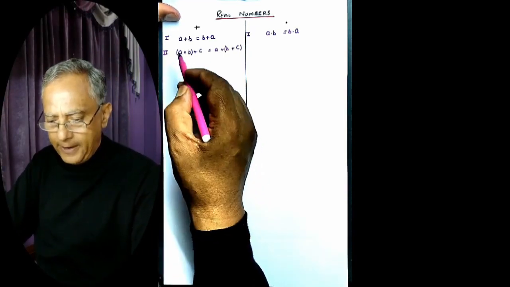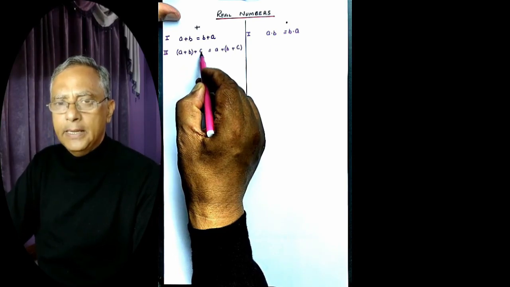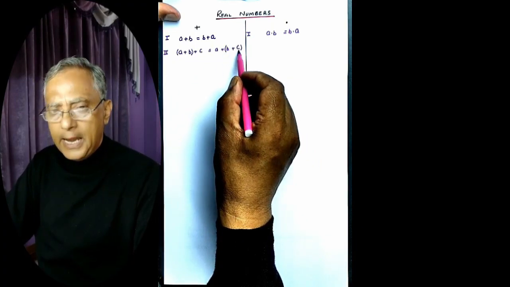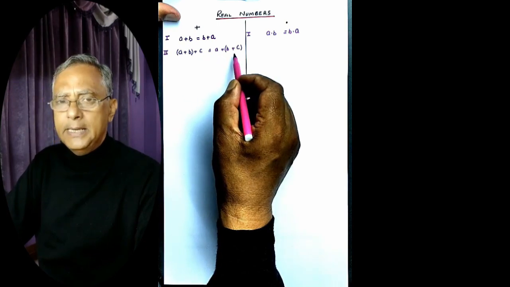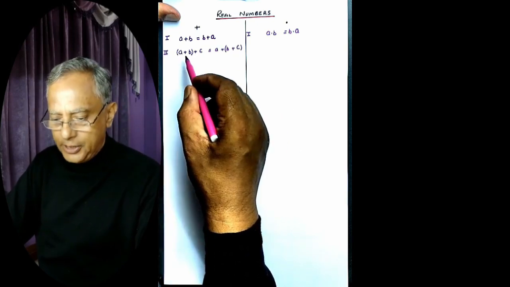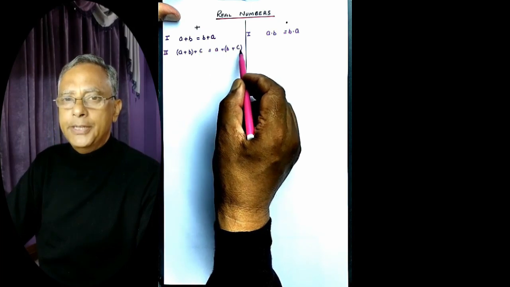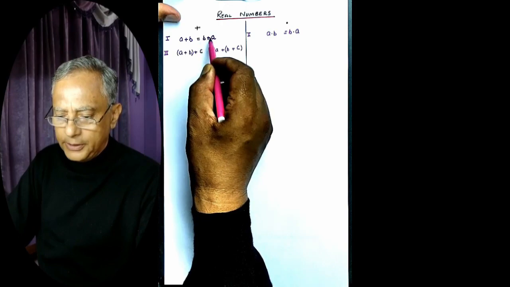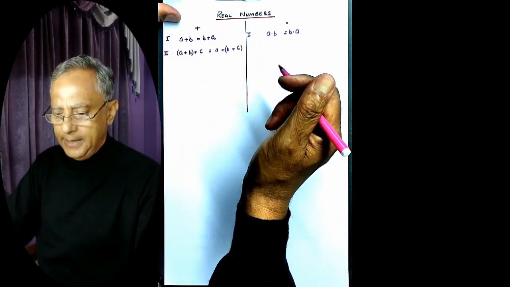That is, if I first add A and B and then add the result to C, the result will be same as when we add B and C first and then add the result to A. This property is known as associativity. Associativity means that the place of these brackets can be changed. And commutativity means order of these two can be changed. A plus B is same as B plus A.